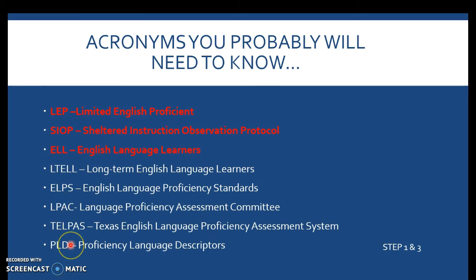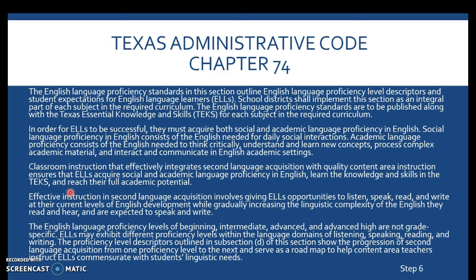And last but not least, we have the PLD. That's the Proficiency Level Descriptors, which I will be attaching to this email, as well as the English Language Proficiency Standards, so that way you have access to those. And on the Texas Administrative Code, Chapter 74, I will give you some time to read over this.